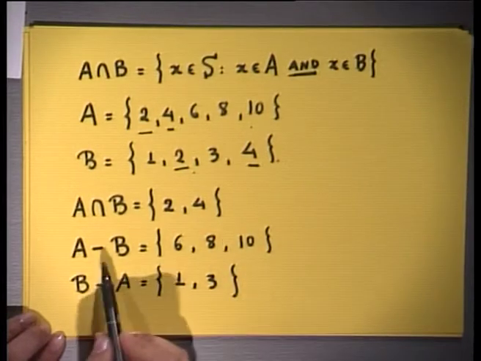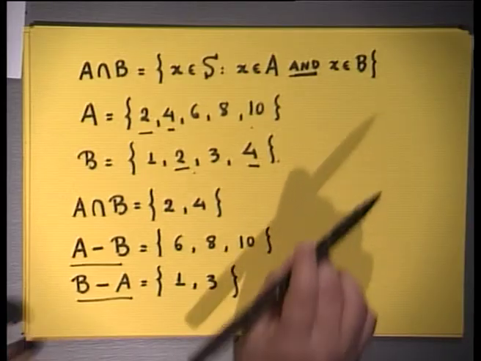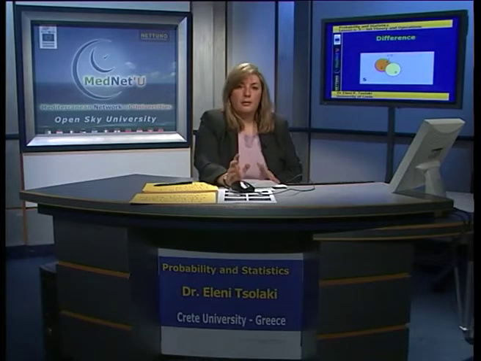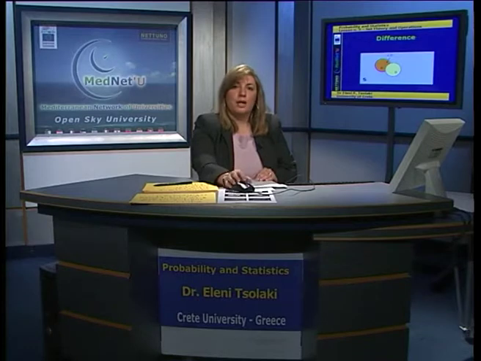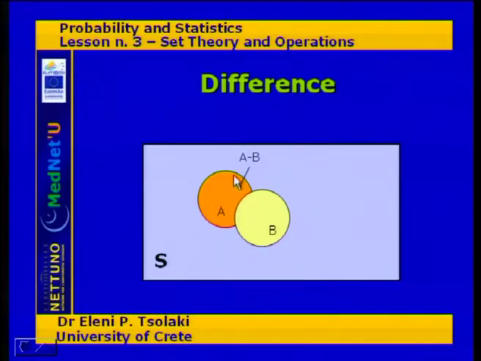We can see that this is different than this one. It's actually shown graphically as well with our Venn diagrams, as the first difference, the A minus B, is the area here, whereas the B minus A would be the area of B here if we leave out the common part here.